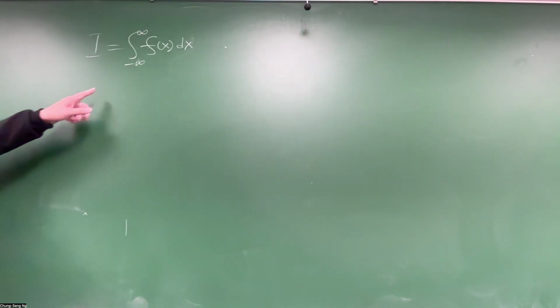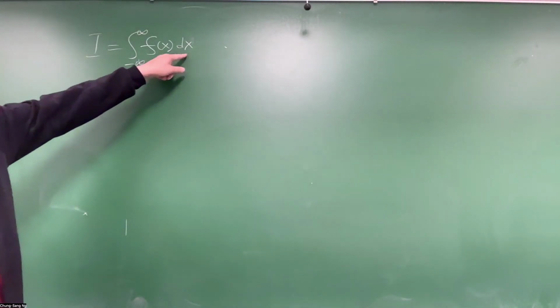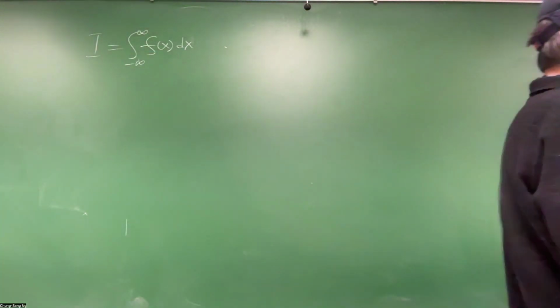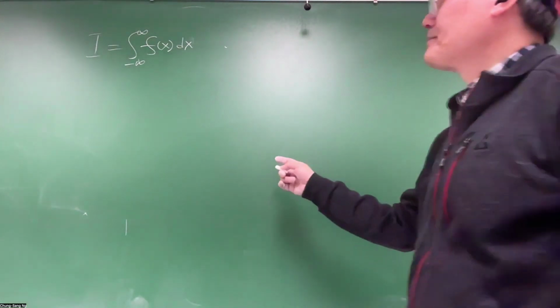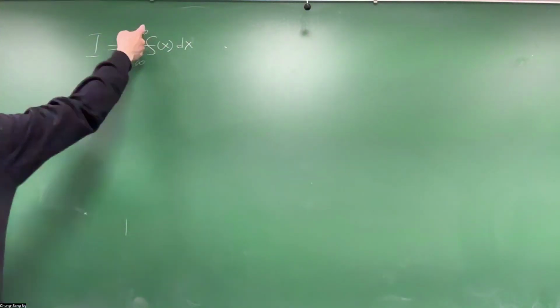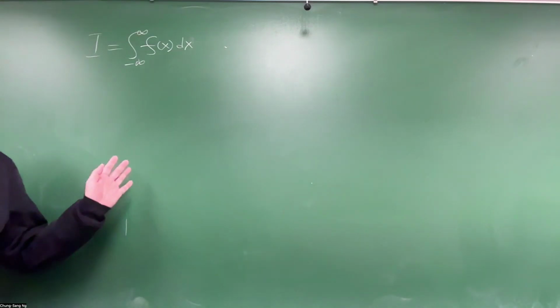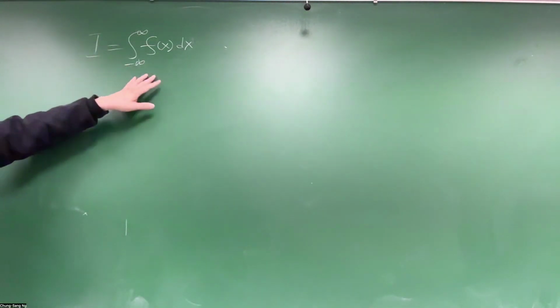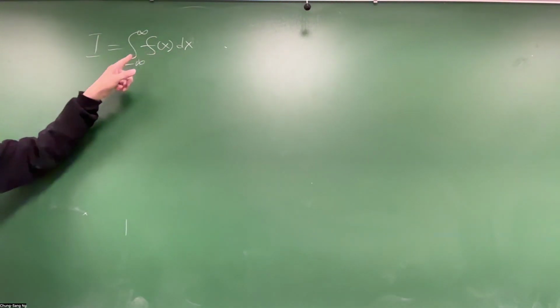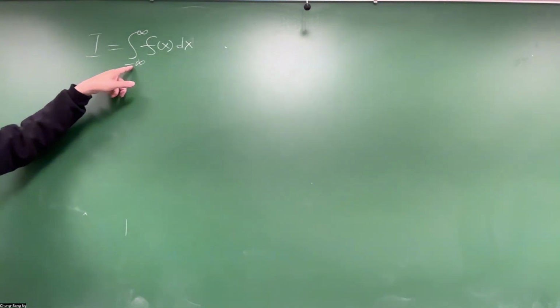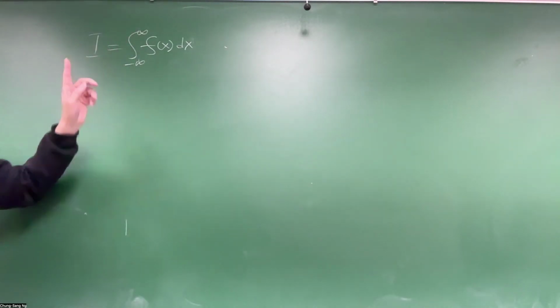You integrate along the real axis, where x goes from minus infinity to infinity. Obviously, since you learned calculus, you know that this infinite limit just means taking the limiting case. You use the fundamental theorem of calculus and evaluate in the limit from minus infinity to infinity.